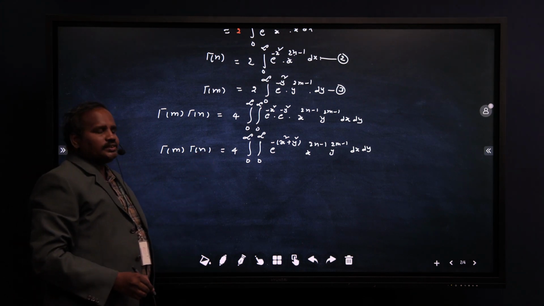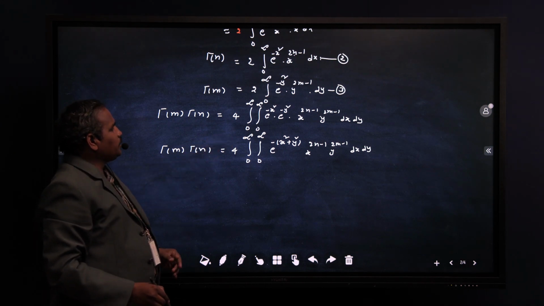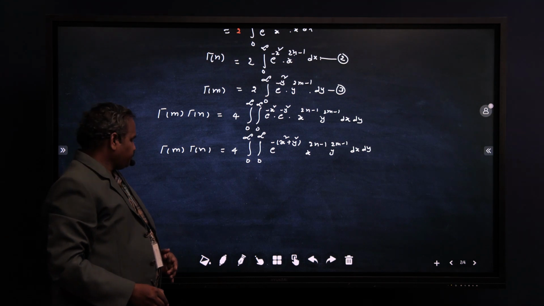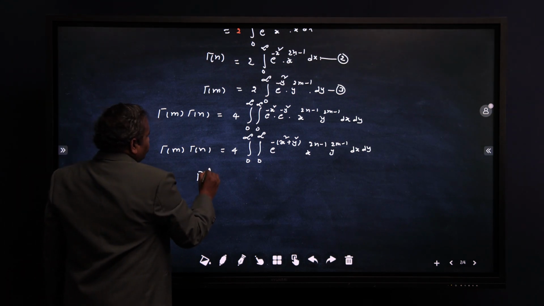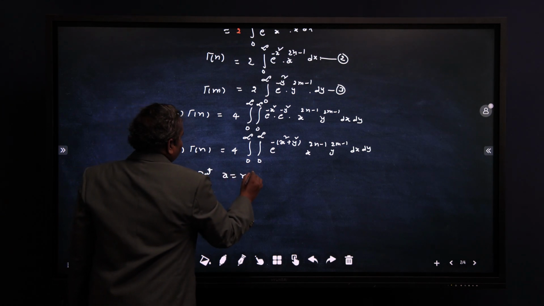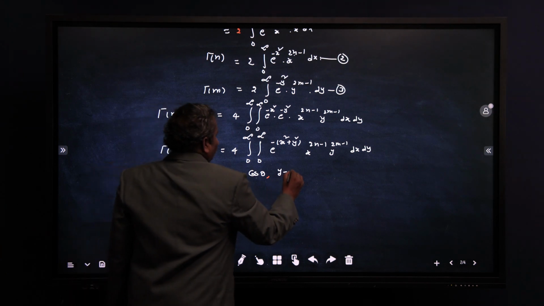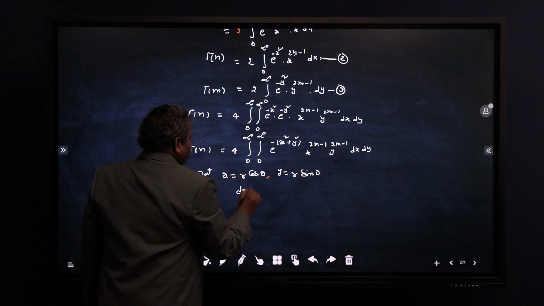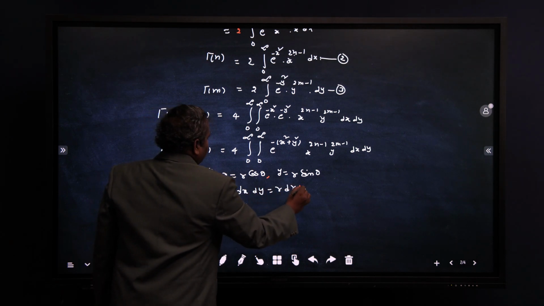Now use a substitution here to reduce the value. Convert this into polar coordinates. The substitution is x is equal to r cos theta, y is equal to r sin theta, dx dy is equal to r dr d theta.